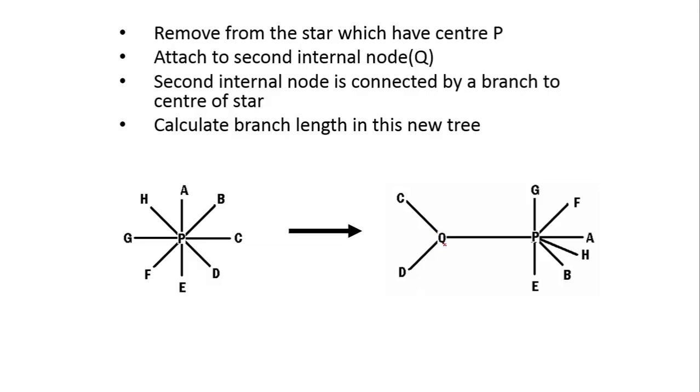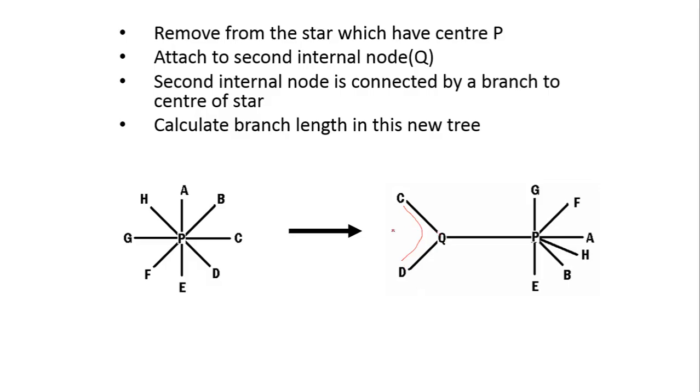Now this second internal node is again connected by a branch to the center of your star. Next, we calculate the branch length of this new tree, which is composed of C, Q and D, right?